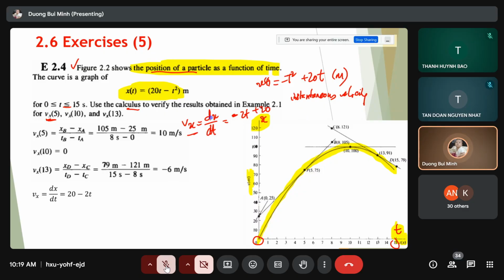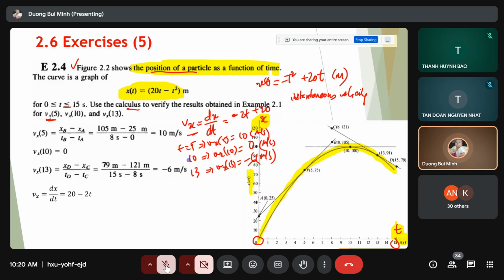If we know the function, it's very easy. If t is 5, vx at 5 is 10. If t is 10, vx at 10 is 0. If t is 13, vx at 13 is minus 6 meters per second.